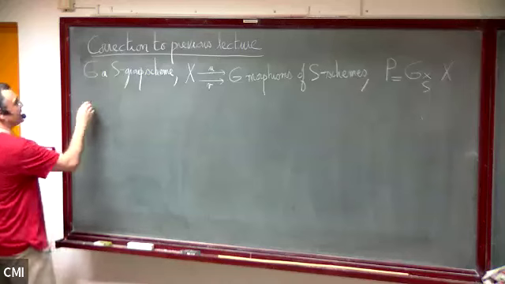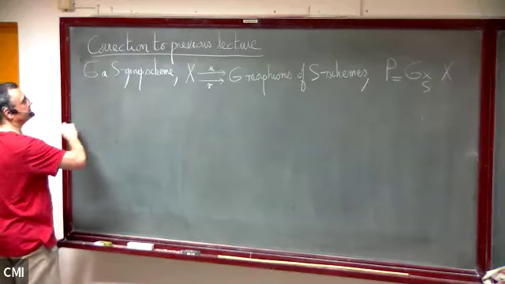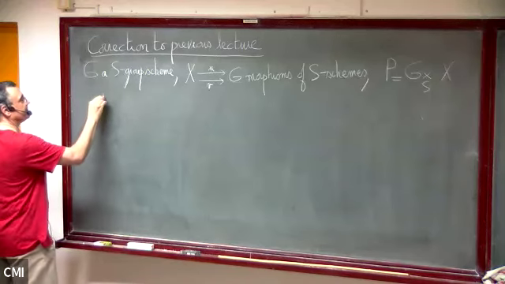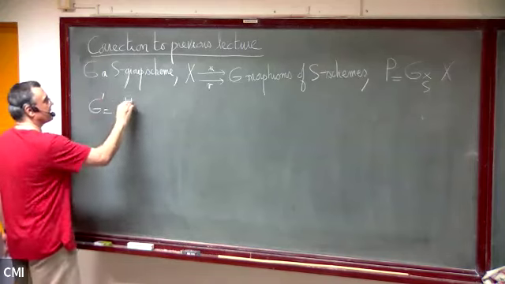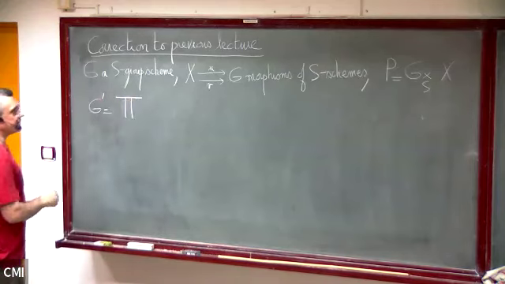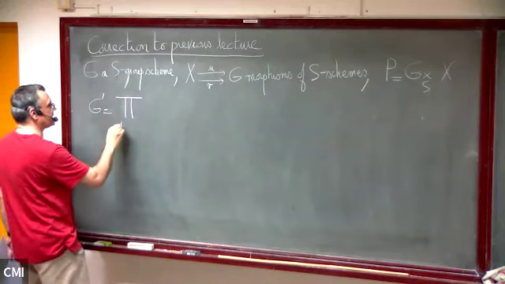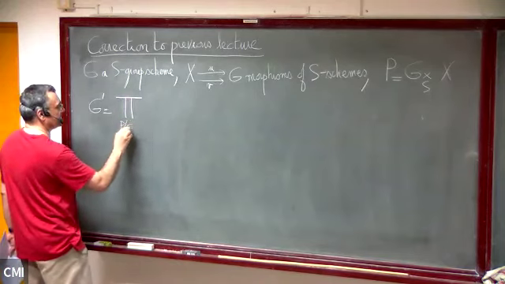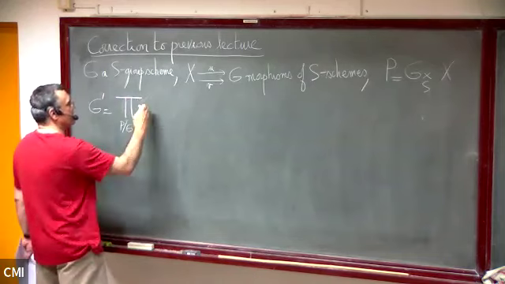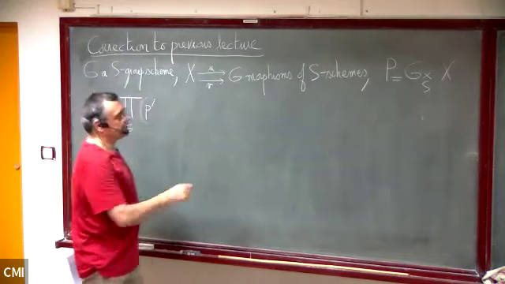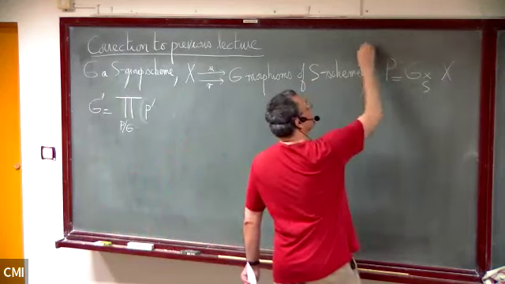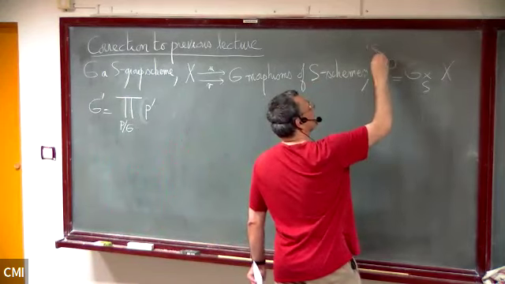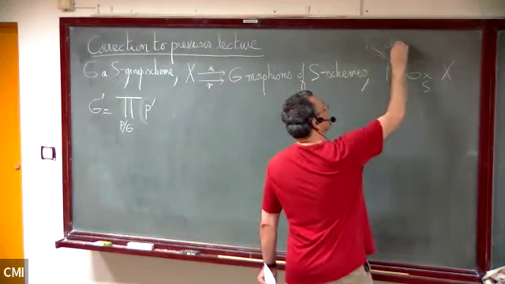And the claim is that some functor from P to G of some P prime. In the lecture, there was defined some P prime, a closed subscheme of this one.